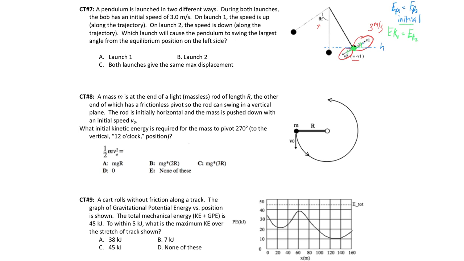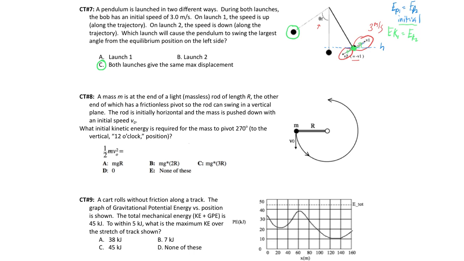And again, this is initial. Now, if the potential energy and the kinetic energy are equal at the beginning, then that means that the total energy of the pendulum is the same at the beginning. What that means is that at the end, it must end with the same final energy, which means both launches must give the same maximum displacement.